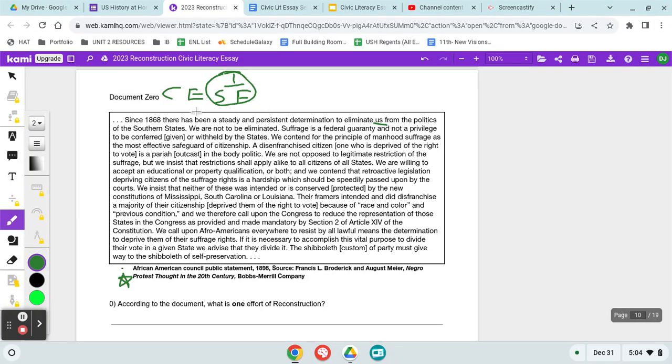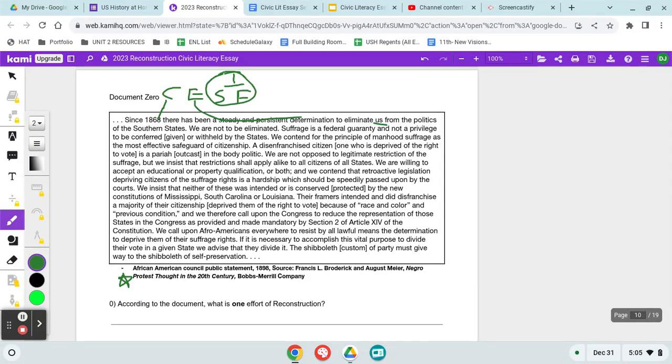And in fact, I'm thinking that this first sentence is a really good example of either circumstances or of efforts. Where this document says there's been a steady and persistent determination to eliminate us from the politics, that's an effort by, I assume, I'm just going to go with it, racists and other groups to marginalize people based on the color of their skin, right?